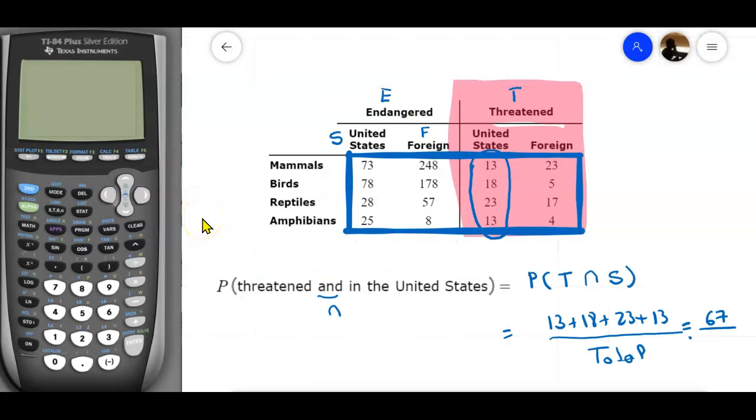The number on the bottom here is 811. Now I could use a calculator as well: 67 divided by 811, and this is going to be 0.0826.